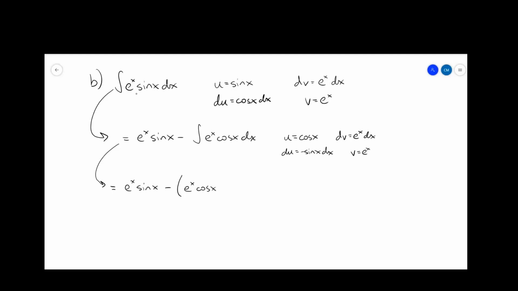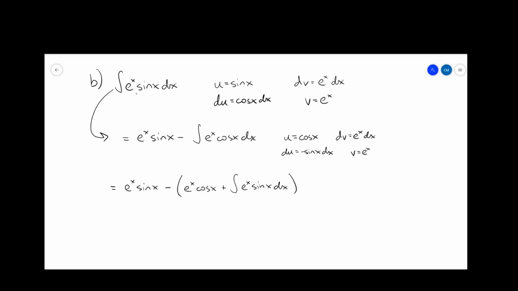But du is already negative, so that's actually going to become plus the integral of e to the x sine x. Okay, so is this helpful? Are we at a point where we can actually do something with this?